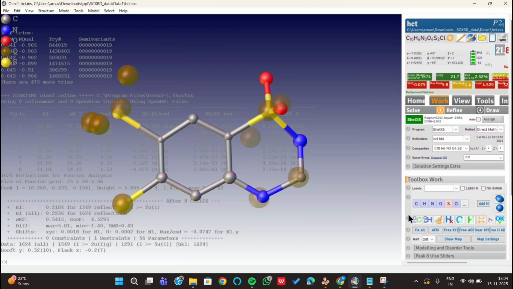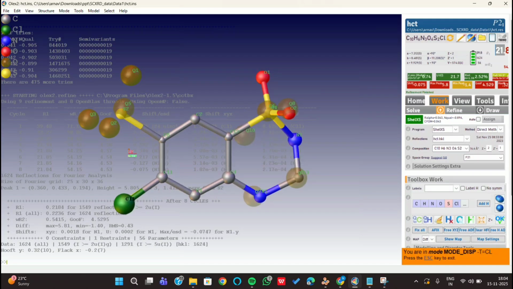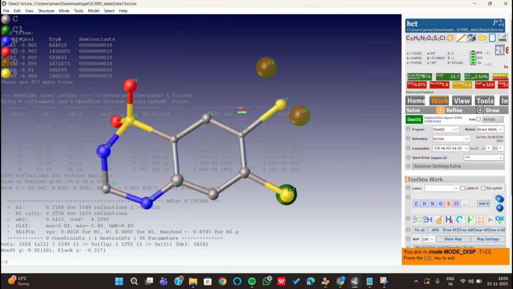and this should be the chlorine because sulfur and chlorine are very similar in electron density, and on the sulfur there are 2 oxygens attached, so these will be the 2 oxygen.